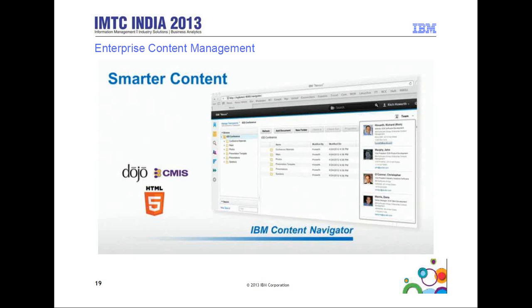This UI provides end users with the power to view content from multiple federated repositories. It's not just FileNet Content Manager or IBM Content Manager or IBM CMOD, but even any CMIS-based repository. So IBM Content Navigator is a single key solution leveraging content from anywhere.